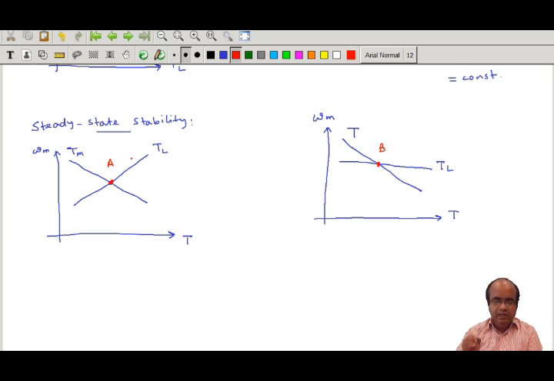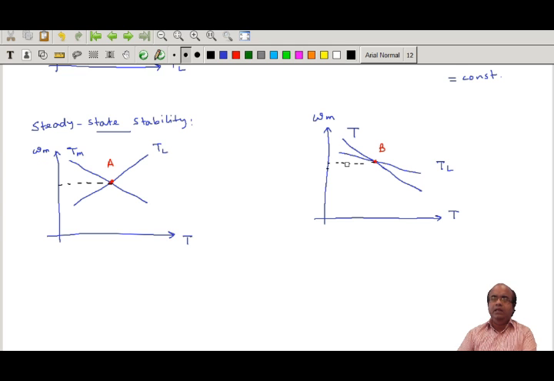Any kind of deviation in speed from this steady state operating point, or steady state speed, is what we consider.